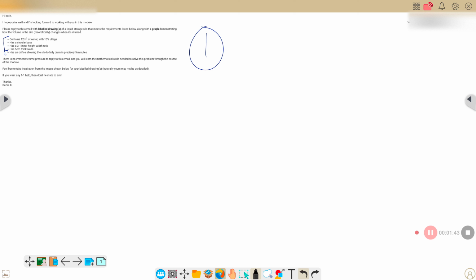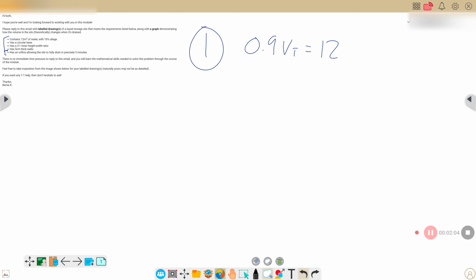This is how I'd approach the problem. For starters, I'd say that 0.9 VT is equal to 12 meters cubed. Well, I don't need to write meters cubed there at all, do I? So I can say 0.9 VT is equal to 12.